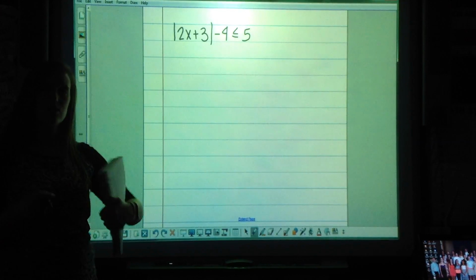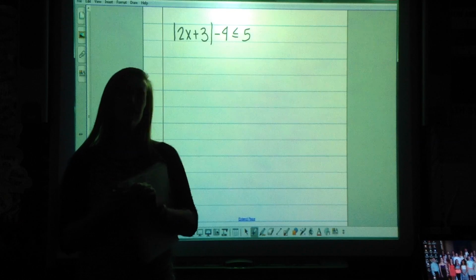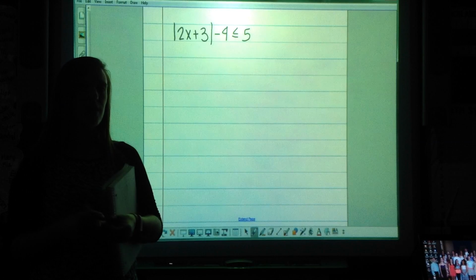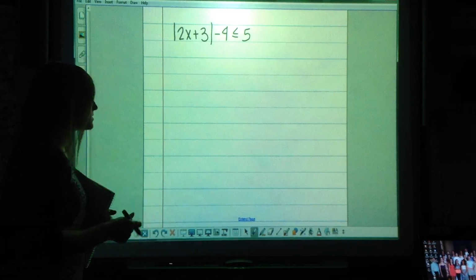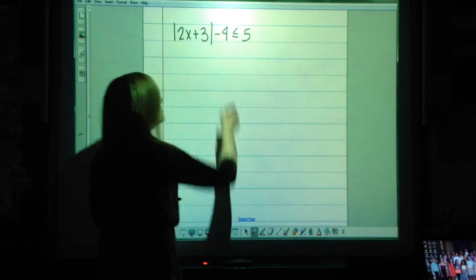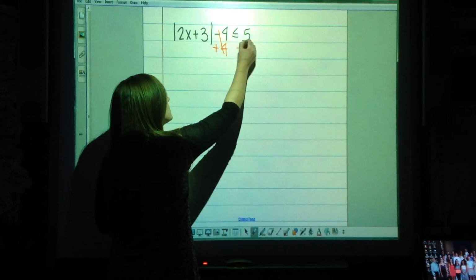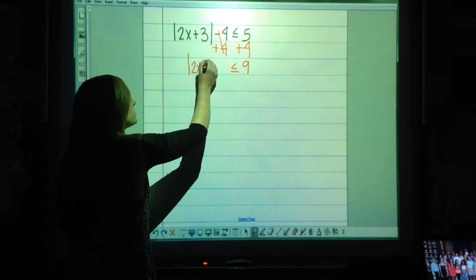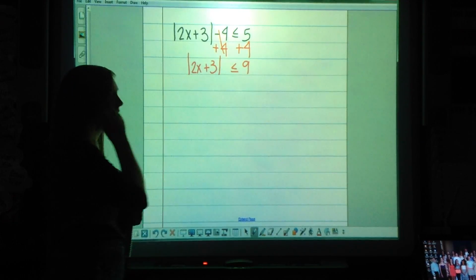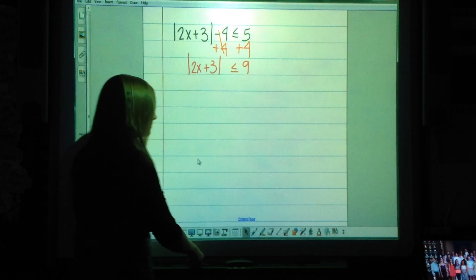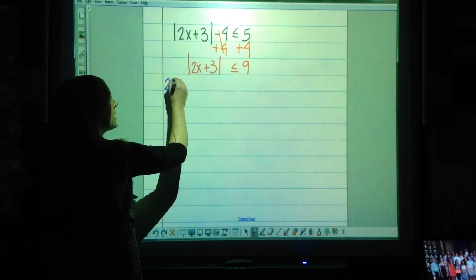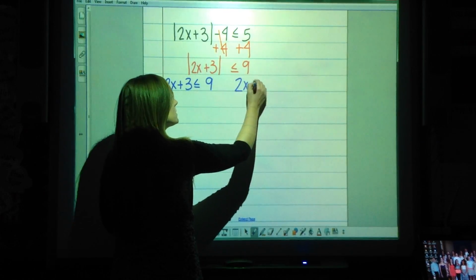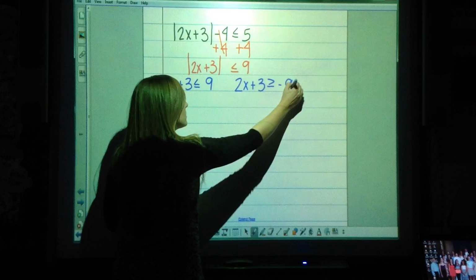This works just like yesterday as well. You cannot split the inequality into two pieces until the absolute value bars are by itself on that left side. So my first step here is going to be to bring this 4 to the other side. Now that the absolute value bars are by itself on the left side, you can split the problem. I have 2x plus 3 is less than or equal to 9. 2x plus 3 is greater than or equal to negative 9.